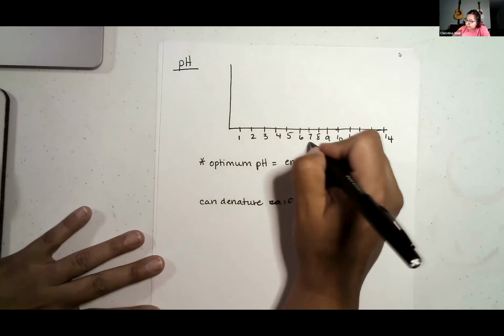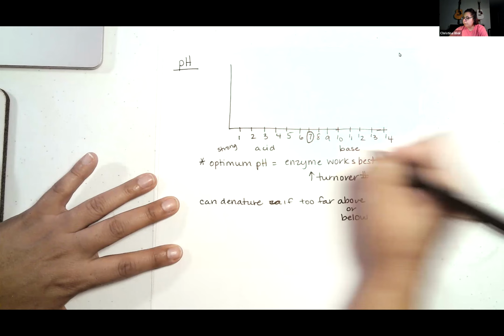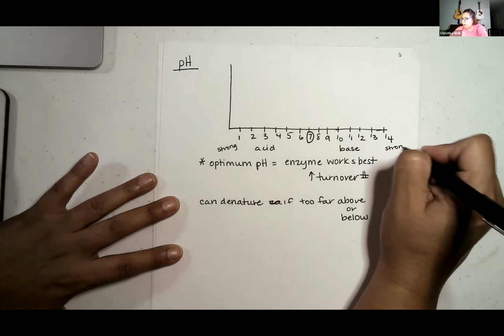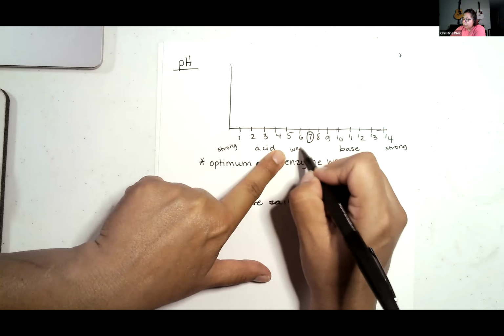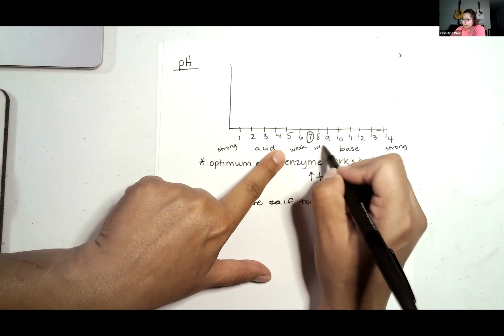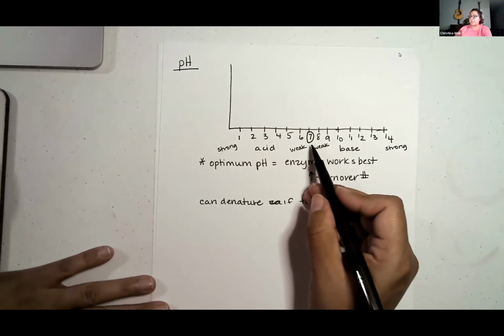Anything above 7 is considered a base, and anything below 7 is considered an acid. The further you are from 7, the stronger you are. So strong acids are on this end, strong bases are on this end. The closer you are to 7, the weaker you are. If you have a pH of exactly 7, you're not an acid, you're not a base, you're perfectly neutral.